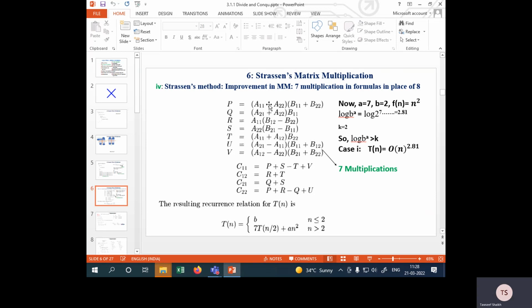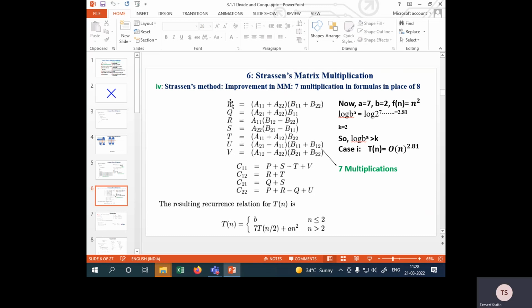He said that instead of taking those elements A11, A22, let's take those new elements which he described: P, Q, R, S, T, U, V. These new elements were introduced by Strassen.